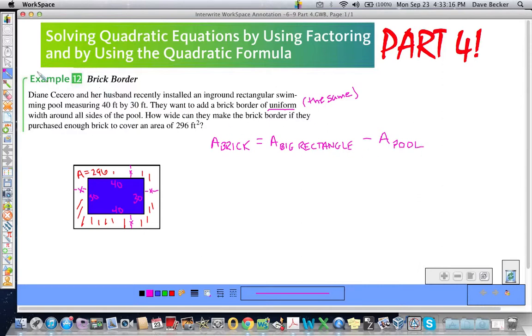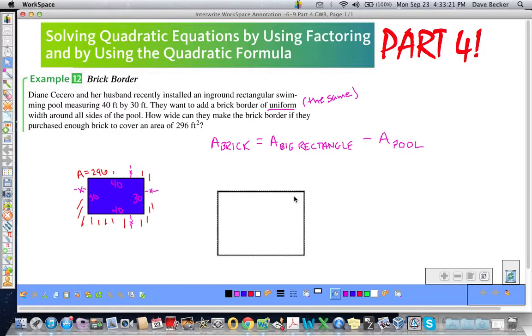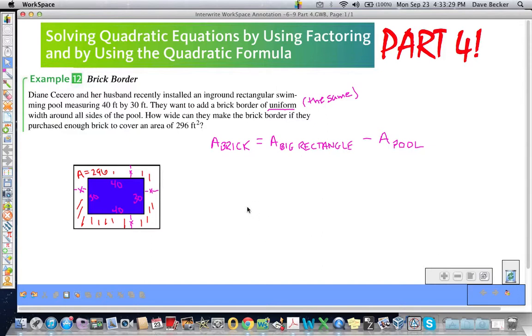Okay, so if you think about it, if I took this rectangle, I'm just going to move it out of the way. If I took the area of this entire rectangle, right, just think of that entire rectangle right there. Now I'm going to put it back, and I subtract the area of the pool, I'm left with the area of the brick.